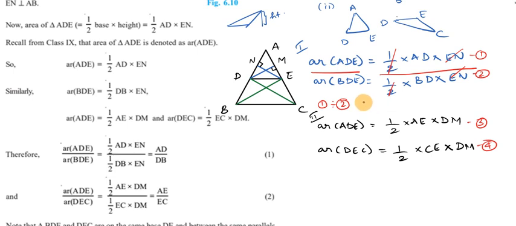So area of ADE by area of BDE will be equal to AD by BD.